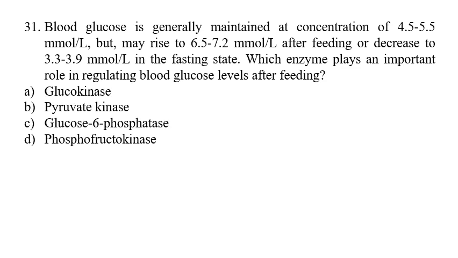So glucokinase is an enzyme which is responsible for the conversion of glucose into glucose 6-phosphate and plays a central role as a glucose sensor in the regulation of the glucose homeostasis. Okay? So for this question, option A would be correct, that is the glucokinase.